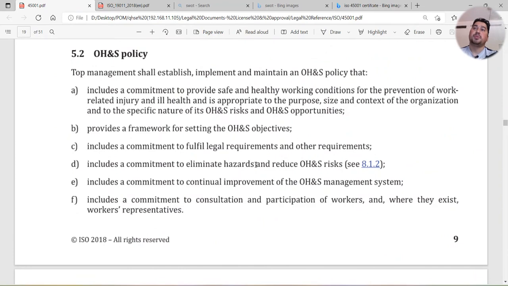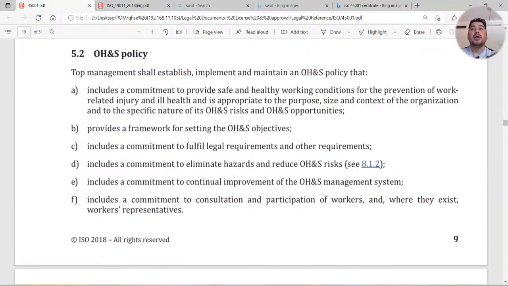After that, we have the OHS policy. Top management shall establish, implement, and maintain an OHS policy. So when you are creating any occupational health and safety policy, it should include a commitment to provide safe and healthy working conditions for the prevention of work-related injury and ill health, and is appropriate to the purpose, size, and context of the organization and to the specific nature of its OHS risks and OHS opportunities.